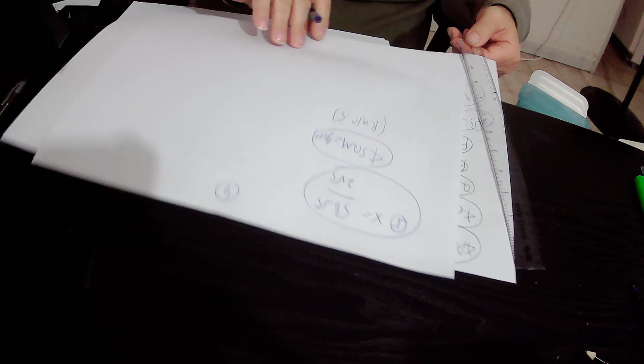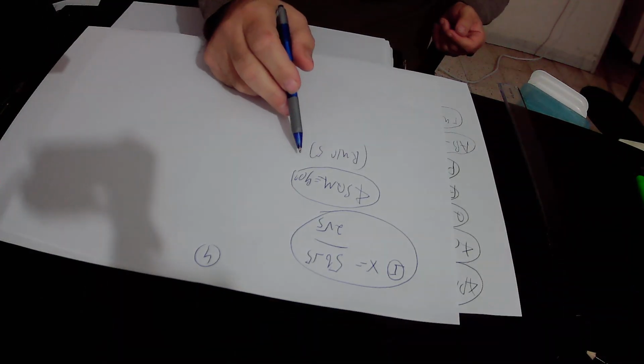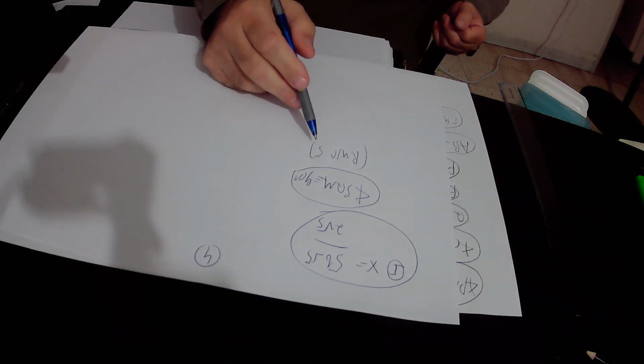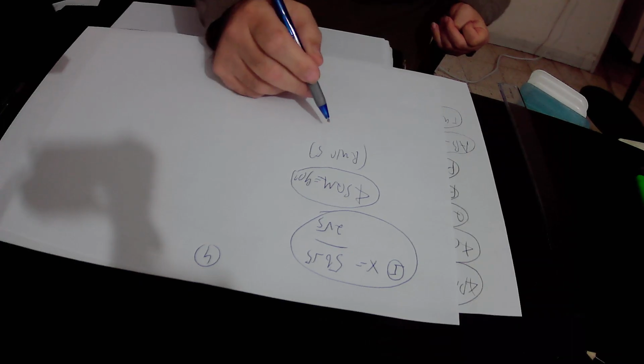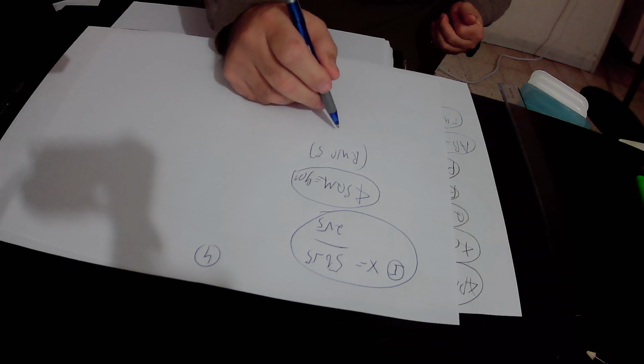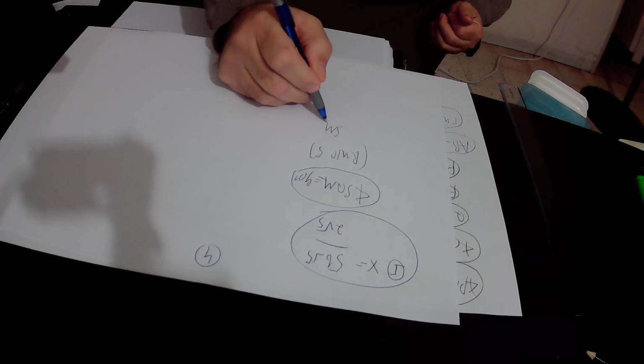Again, because peripheral angle SQM equals 90 degrees, according to rule number 5, peripheral angle SQM must rest on the diameter of the circle. That is to say, we know that peripheral angle SQM rests on chord SM, therefore chord SM must be the diameter of the circle.